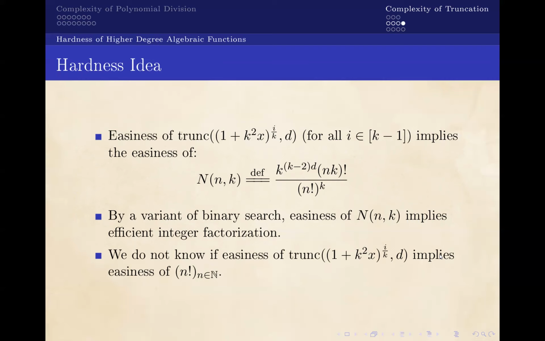And then by using a variant of binary search, as one does in the n factorial case, we show that easiness of this sequence implies efficient integer factorization. Right. So we do not know if easiness of truncations of all these k minus 1 power series implies easiness of n factorial. We somehow skip this step and we directly prove that integer factorization is easy if these truncations are easy.